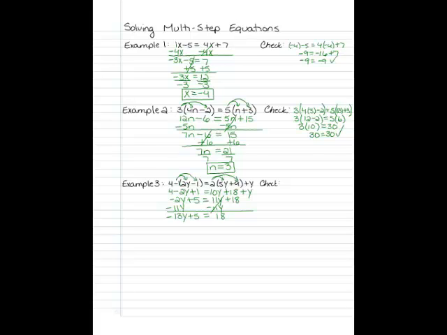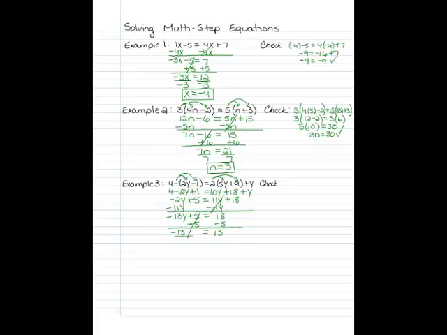Now we have -13y plus 5 equals 18, subtracting 5 from both sides. We have -13y plus 5 minus 5, that is 0, equals 18 minus 5 is 13.